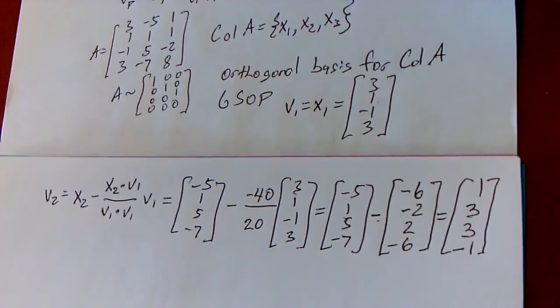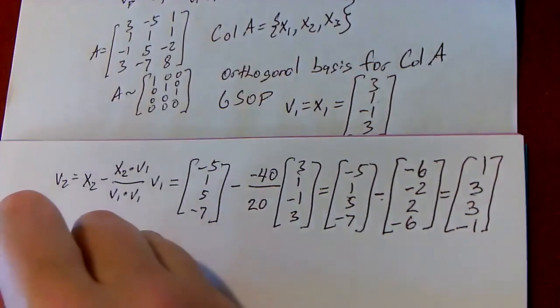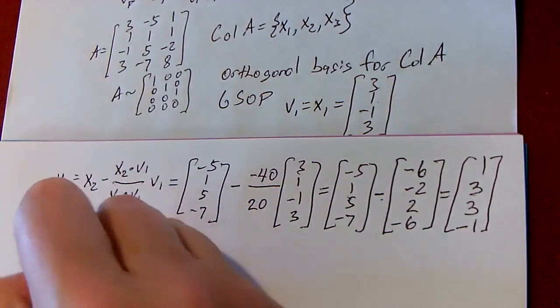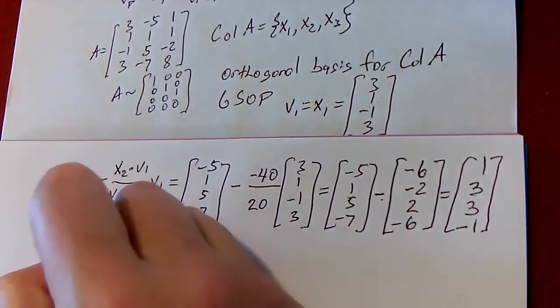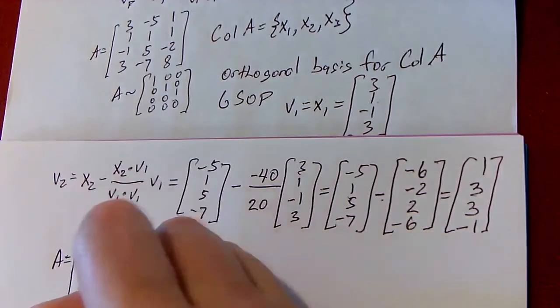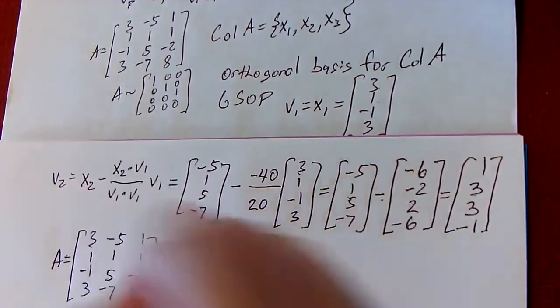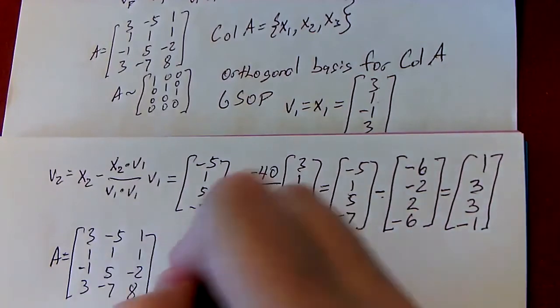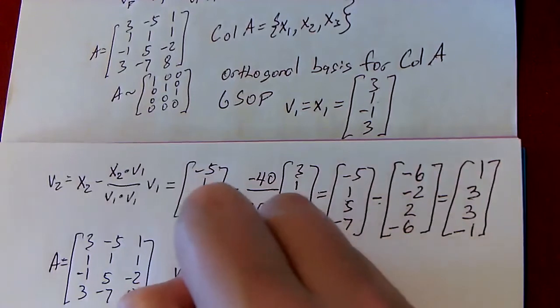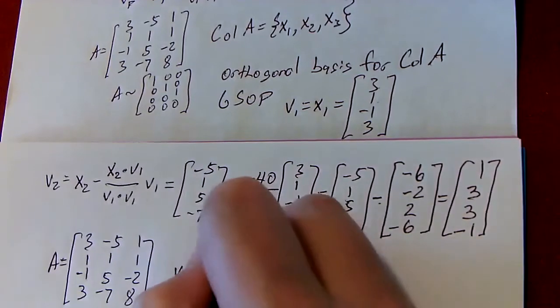So let's summarize what we've got so far. I have my matrix A: 3, 1, -1, 3, -5, 1, 5, -7, 1, 1, -2, 8. I have V1. I've already found my first orthogonal vector, which was 3, 1, -1, 3.